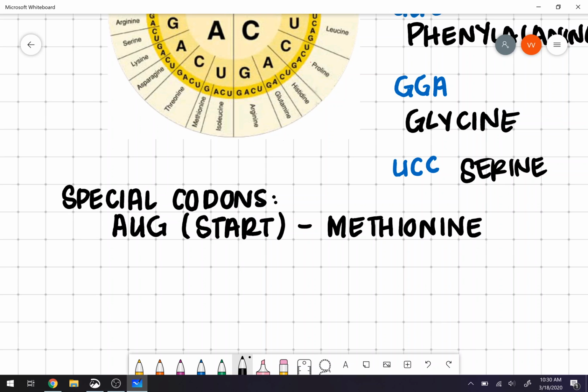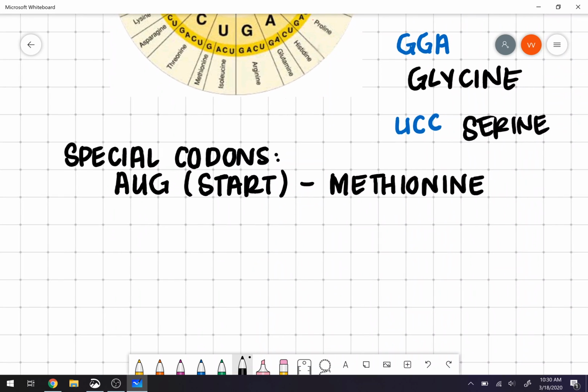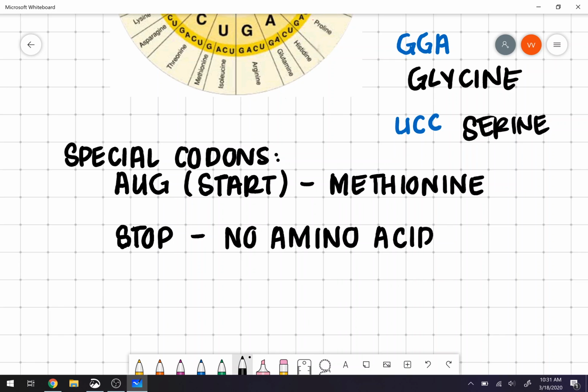The other special codons are called stop codons. They do not have any amino acids associated with them. They just tell the ribosome that this is where translation stops.